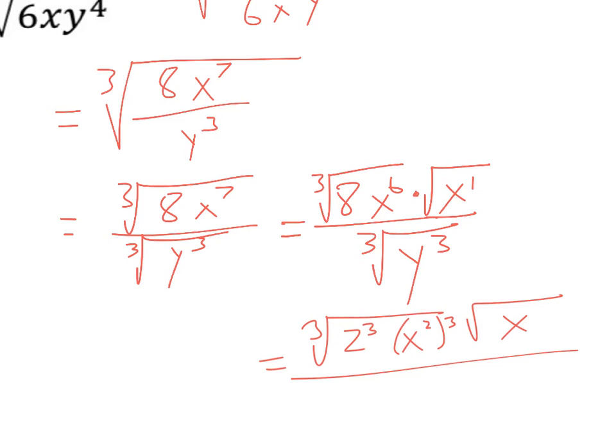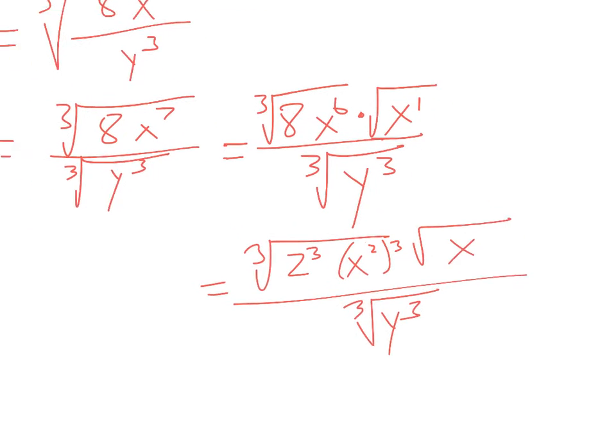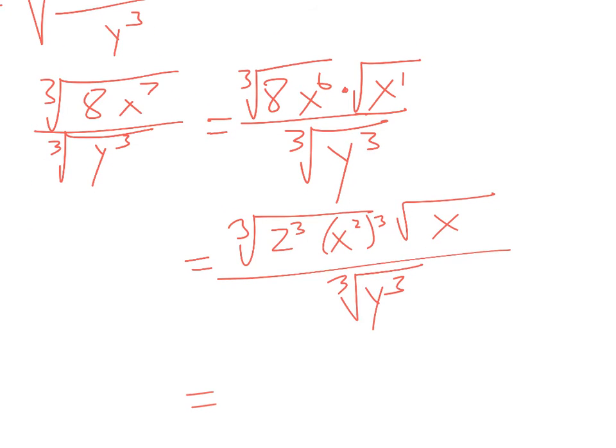And so we have this. Again, that's probably a step we can skip. I want to be very exact there. So cube root of 2 to the third, we know that. Cube root of x squared to the third is x squared times x all over y.